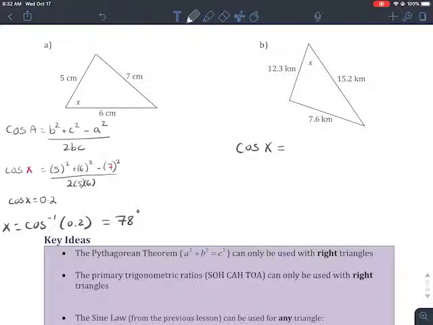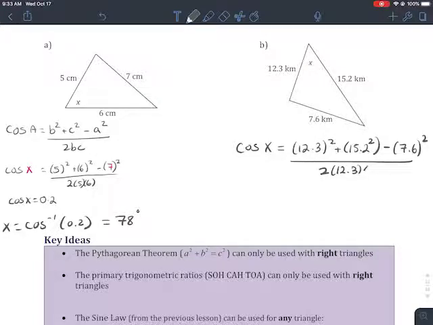Cosine of x is equal to the square of the two sides that are not across from my angle. In this case, that's 12.3 squared plus 15.2 squared. Now I have to minus the side that's across from my angle and square it.